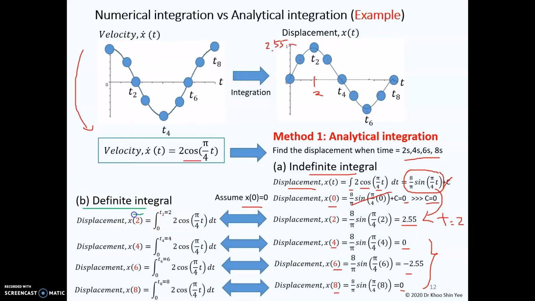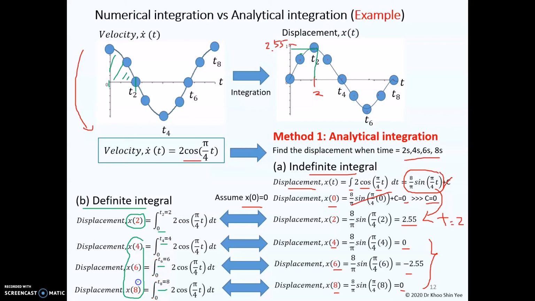For example, to find the displacement at t equal to 2 here, you can integrate from 0 to 2, which is from here to here, and this area actually is your integration result to find the displacement at t equal to 2. You can repeat the same procedure to find the displacement at t equal to 4, 6, 8 by replacing the upper limit.